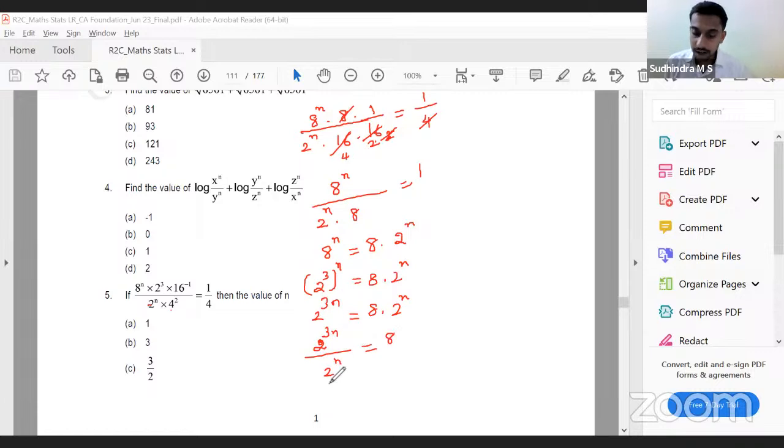A power m divided by a power n, a power m minus n. So 2 to the power of 3n minus n equals 8. 2 to the power of 3n minus n is 2n. 8 is 2 cube. I am bringing them to the same base. Same base, equate the power. 2n equals 3, n equals 3 by 2.